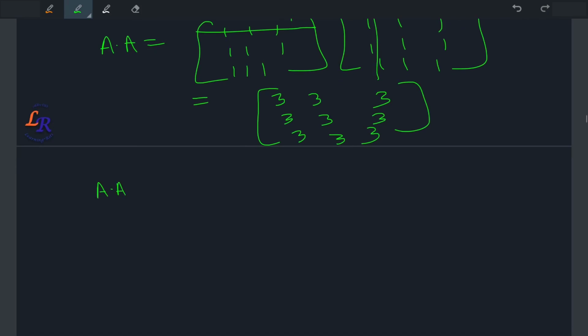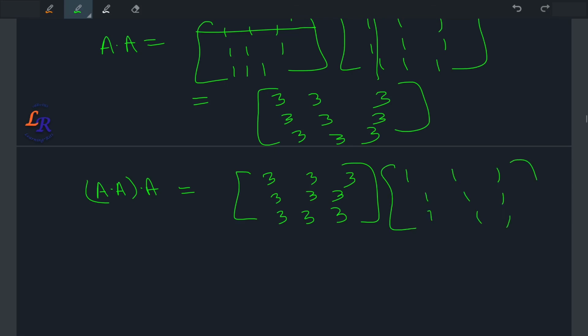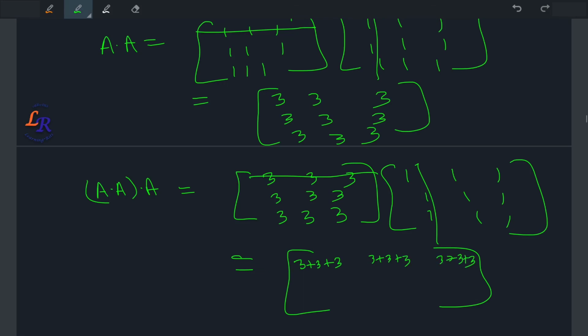Now you have A squared, and then multiply again with A. You multiply the matrix of all 3s with the matrix of all 1s. Applying the rows and columns, you get 3 into 1 plus 3 into 1 plus 3 into 1, so you get 3 plus 3 plus 3 in each position.